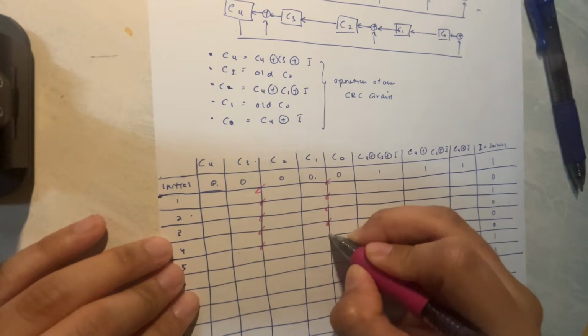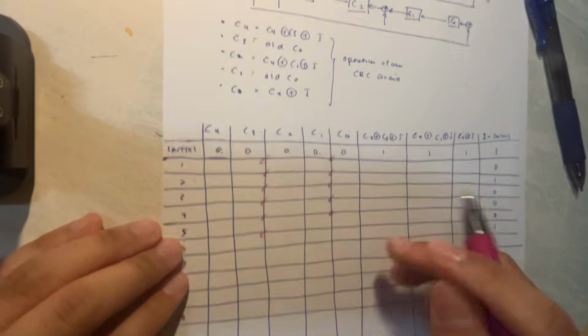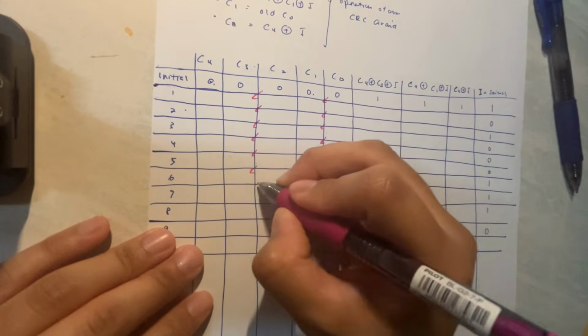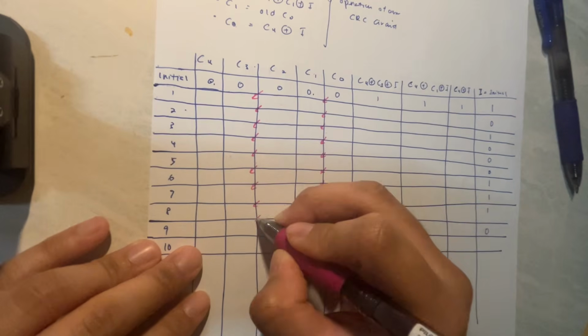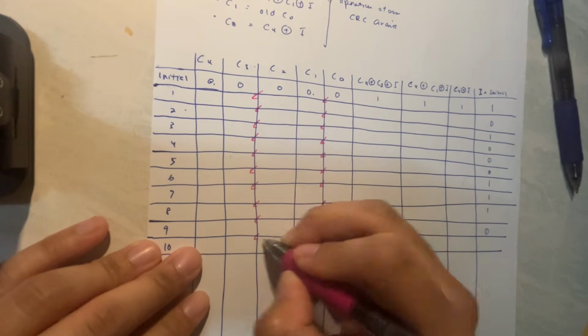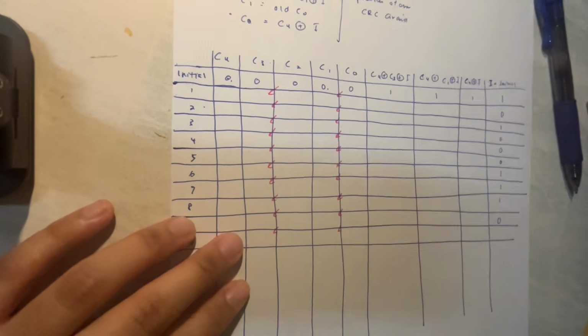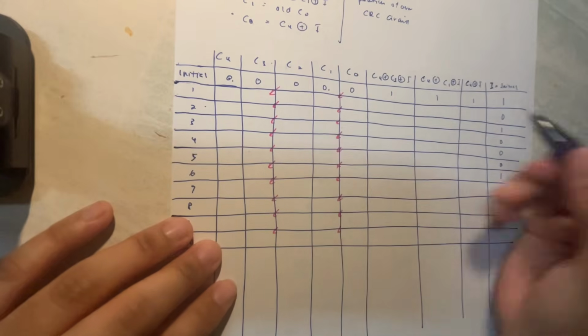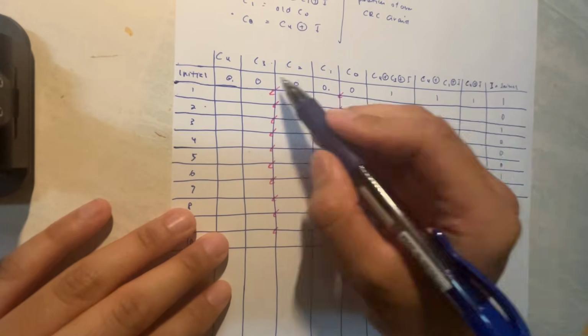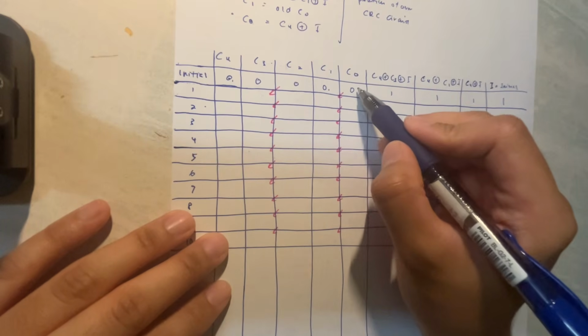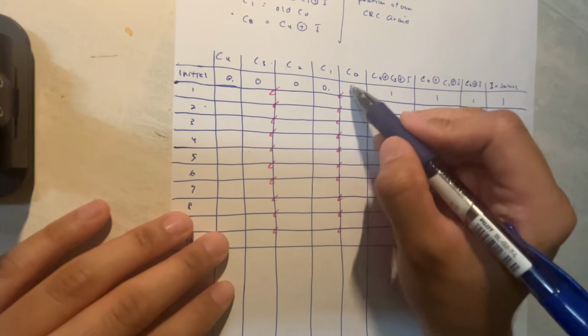I recommend doing the arrows like this so that it won't be confusing for you later. I understand that there are a lot of numbers, so it's just easier for us to see. So basically the old C2 will go into the next iteration of C3, and the old C0 will go into the next iteration of C1.